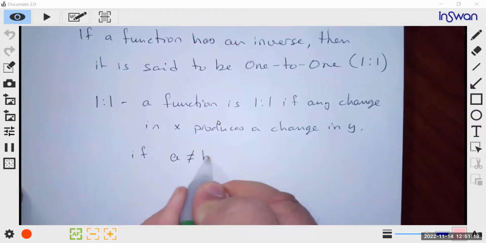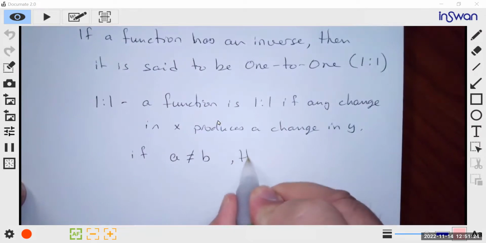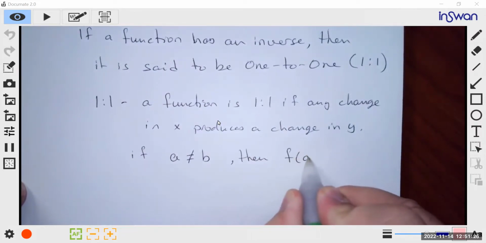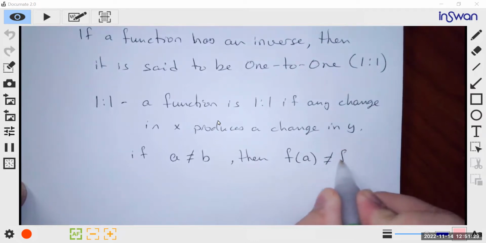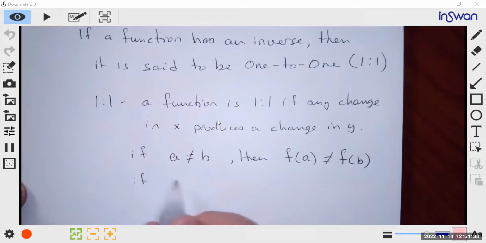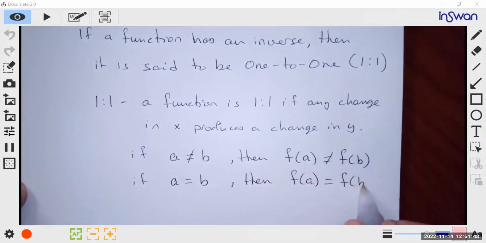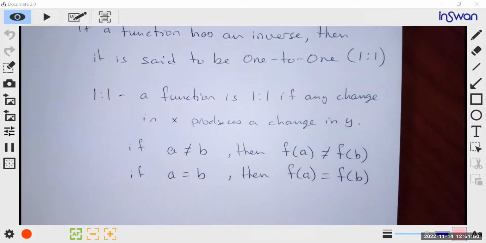If we have 2 numbers and they're not equal, and we plug them into the functions, then they're not going to be equal. If the x's are not the same, then the y's cannot be the same. If the x's are equal, then the y's should be equal. That's what 1 to 1-ness means.